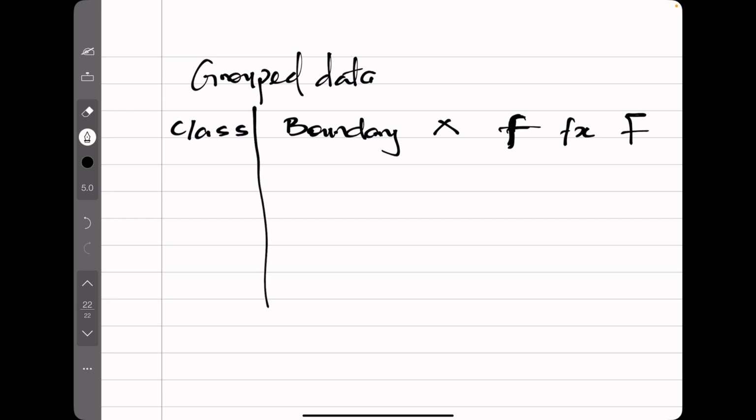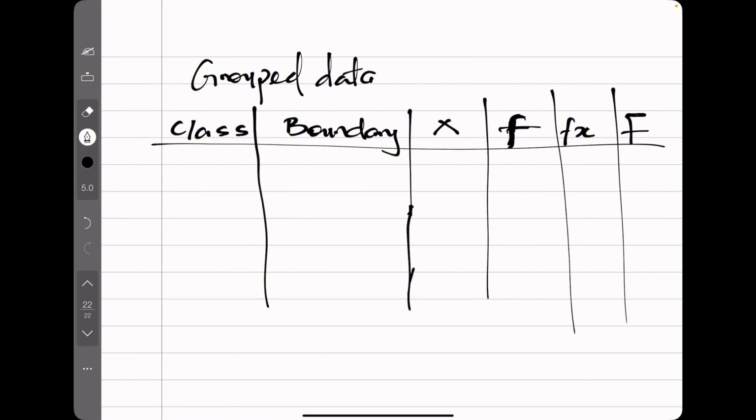Class, boundary, x, f, fx. This is a small f, please note, and we have capital F. So drawing our table, permit me, my hand might not be straight enough.